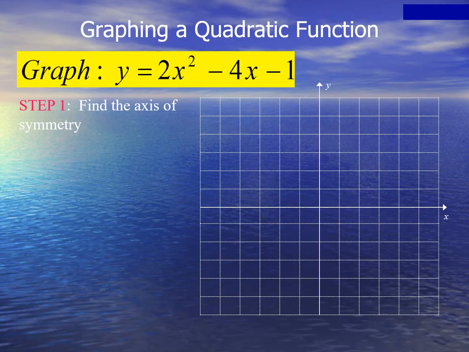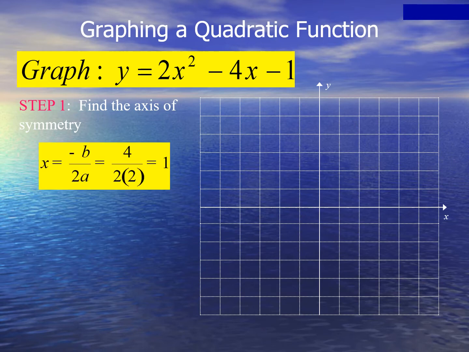Now let us graph y equals 2x squared minus 4x minus 1. The first step is to find the axis of symmetry using the formula x equals negative b over 2a. So we have 4 over 2 times 2, which is equal to 1. So x equals 1 is the axis of symmetry.